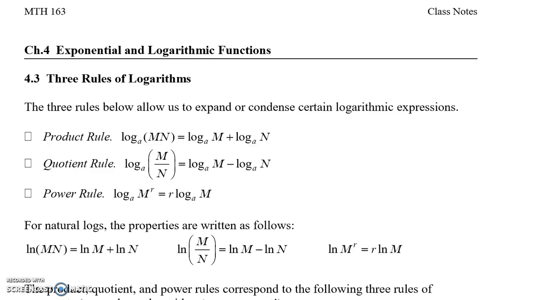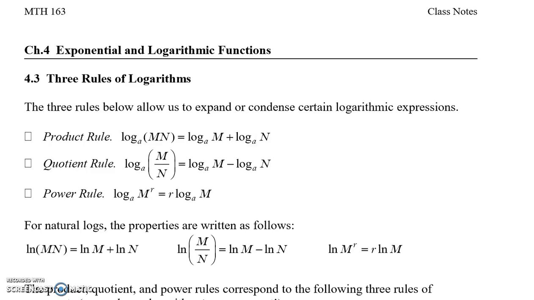Now, for natural logarithms, the same 3 properties apply, but the notation is slightly different because for natural logarithms, which are base e logarithms, we use the ln notation rather than the log base a notation. So for natural logs, the product rule looks like ln of m times n equals ln of m plus ln of n.